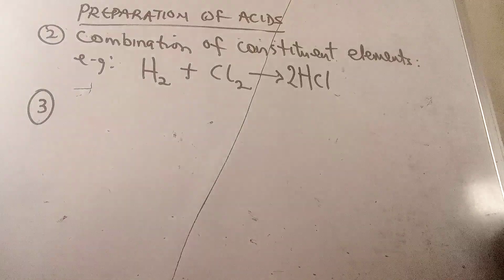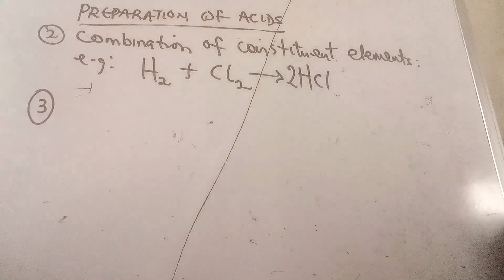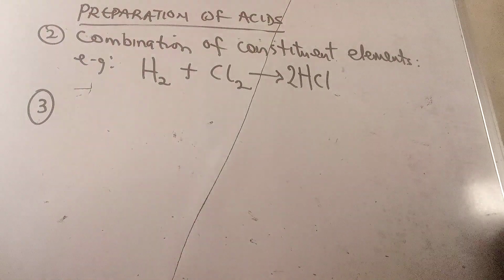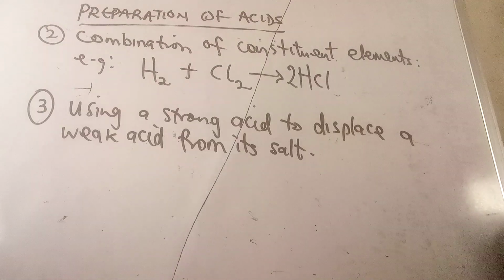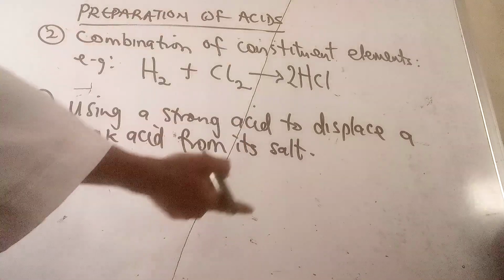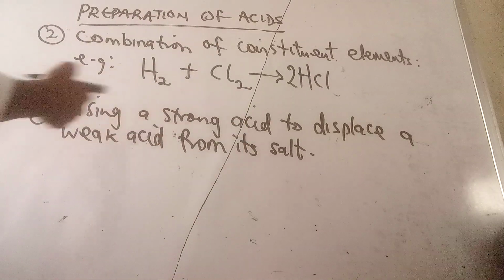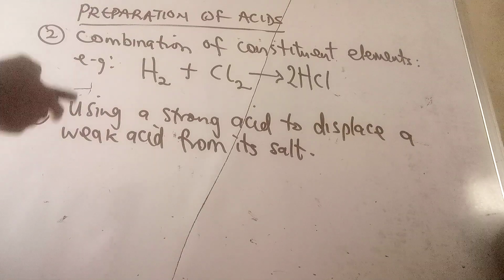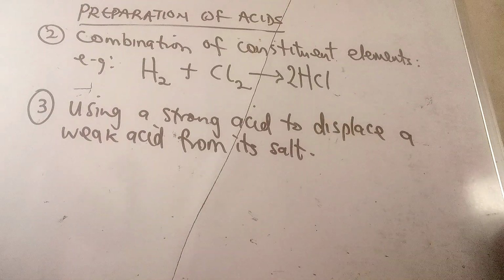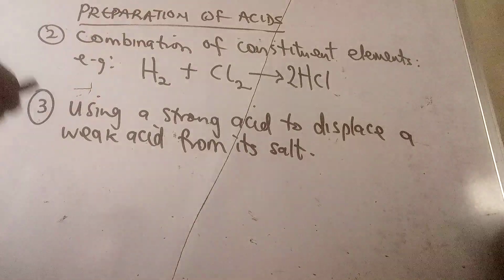Alright, finally, the third method is using a strong acid to displace a weak acid. When we want to prepare a weak acid, we use a strong acid to react with a salt that contains the anion part of the weak acid.